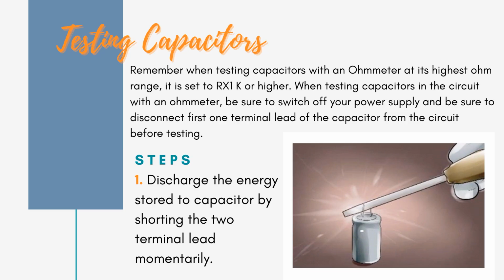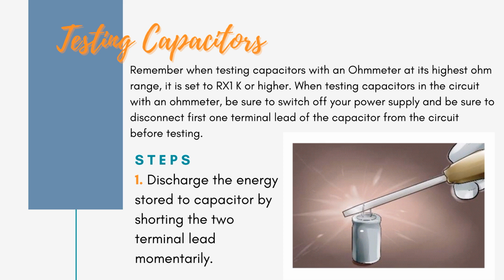Testing capacitors. Remember, when testing capacitors with an ohmmeter at its highest ohm range, it is set to Rx1K or higher. When testing capacitors in the circuit with an ohmmeter, be sure to switch off your power supply and be sure to disconnect first one terminal lead of the capacitor from the circuit before testing.